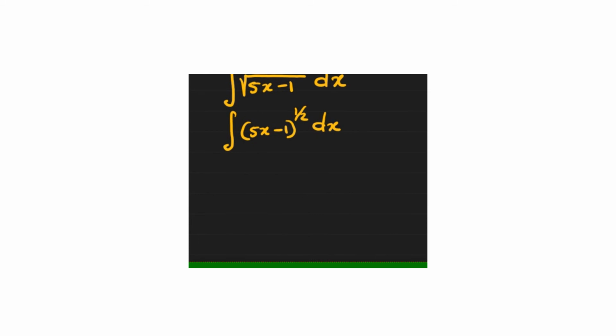If you differentiate 5x - 1, the derivative y dash is 5.